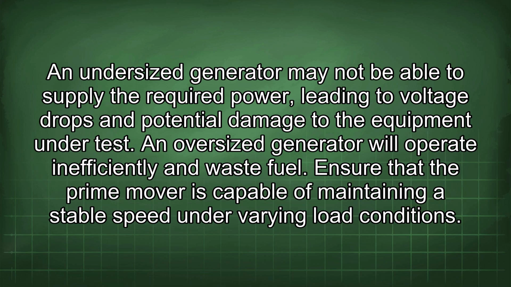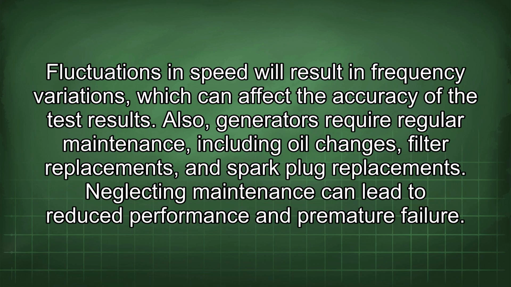Ensure that the prime mover is capable of maintaining a stable speed under varying load conditions. Fluctuations in speed will result in frequency variations, which can affect the accuracy of the test result. Also, generators require regular maintenance, including oil changes, filter replacements, and spark plug replacements. Neglecting maintenance can lead to reduced performance and premature failure.